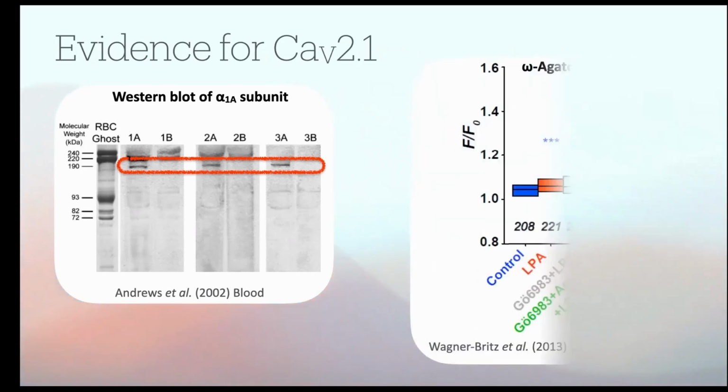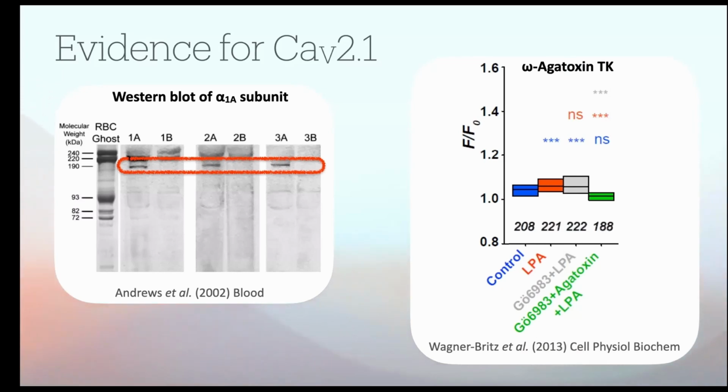And then what we also have in large amounts in several studies, that we have an inhibitor of that channel, what is called omega-agatoxin TK. And well, we have a number of signaling cascades in the red blood cell where we believe, or where I believe, this CaV2.1 is involved.